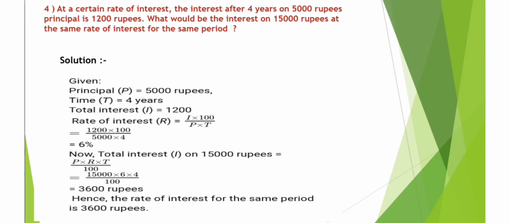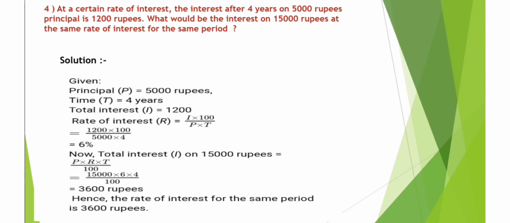Fourth question. At a certain rate of interest, the interest after 4 years on 5,000 rupees principal is 1,200 rupees. What would be the interest on 15,000 rupees at the same rate of interest for the same period?